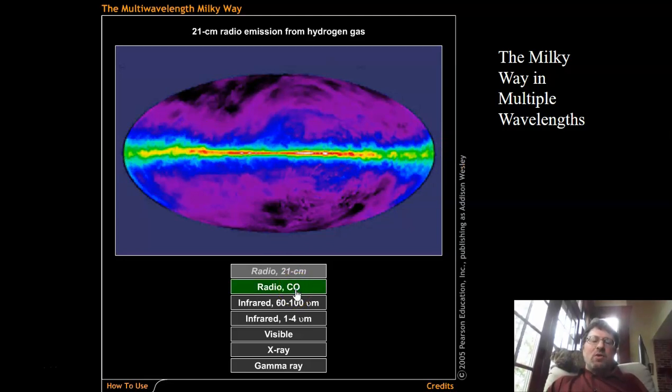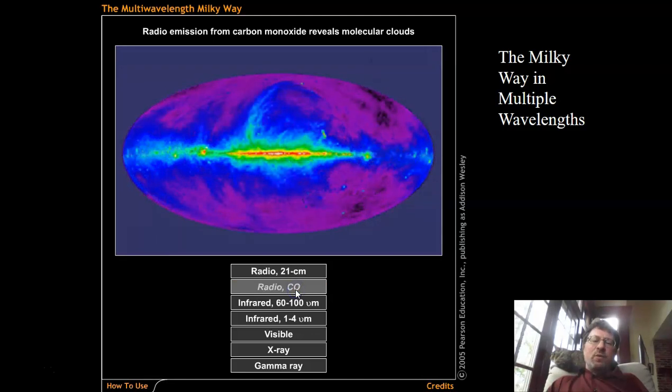In the radio as well, but now at a different wavelength, we could look for lines from carbon monoxide. And carbon monoxide is a molecule. It's C and O together. And so in order to have molecules in your gas clouds, it's got to be cold. If it were any warmer, then the molecules would smack one another and break up into individual C's and O's.